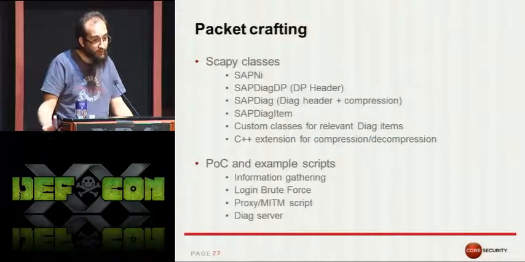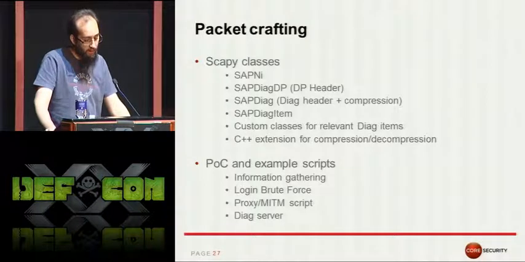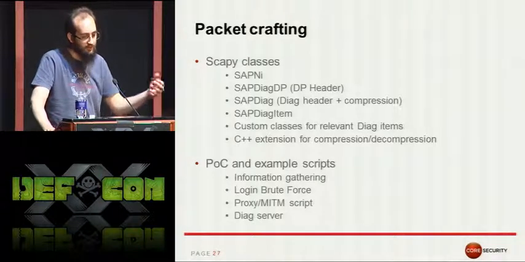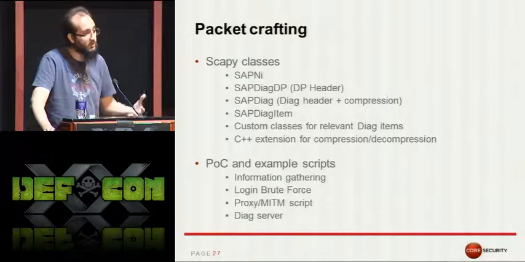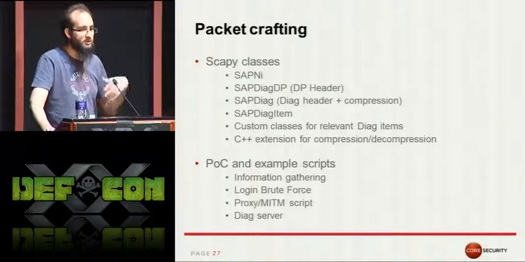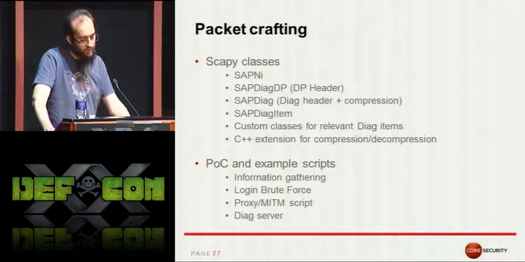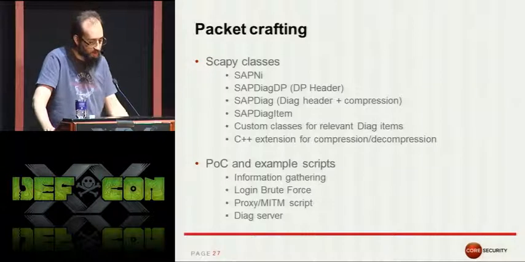For packet crafting, I built a small library using Scapy. Scapy is a Python library to craft packets at a low level. It's a framework that you can use to build your own protocol implementation. You can extend and create new packets using Scapy classes.